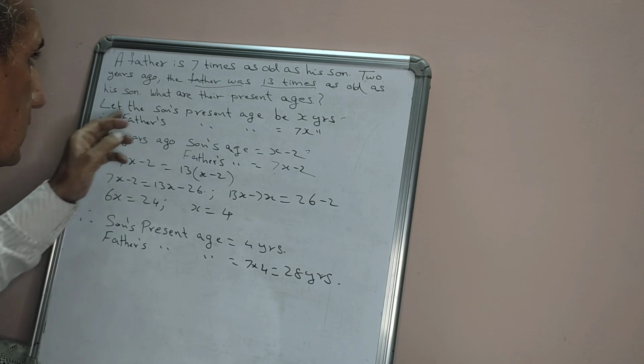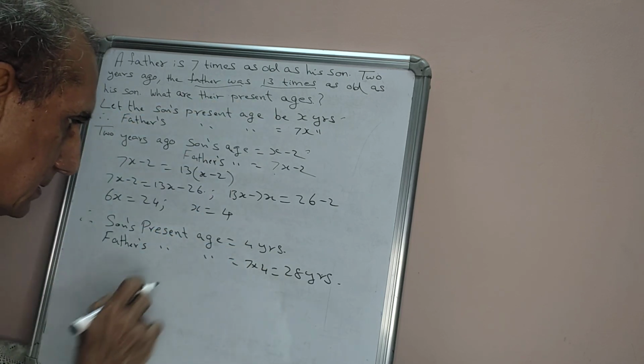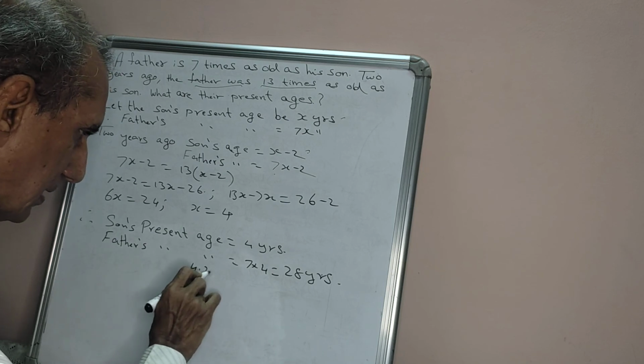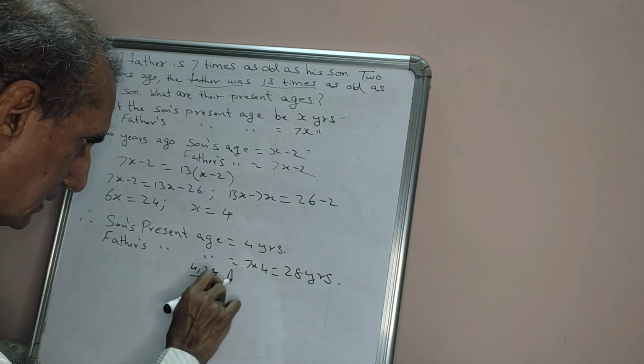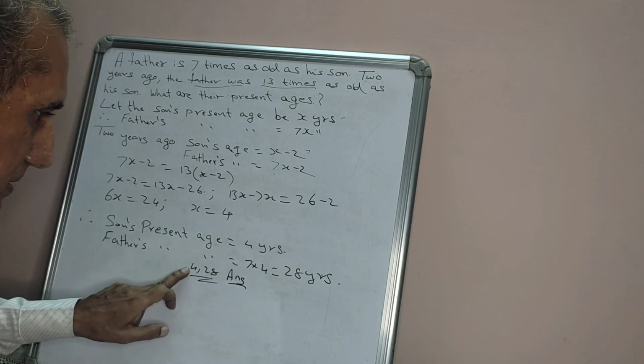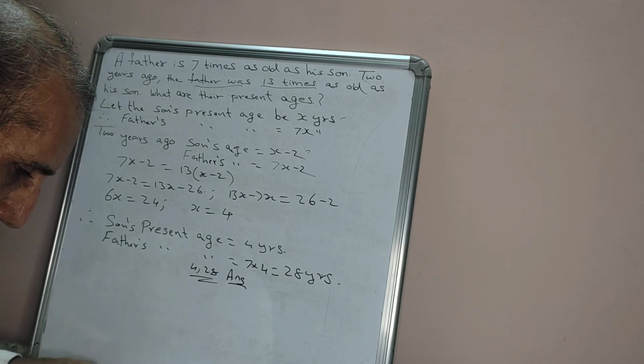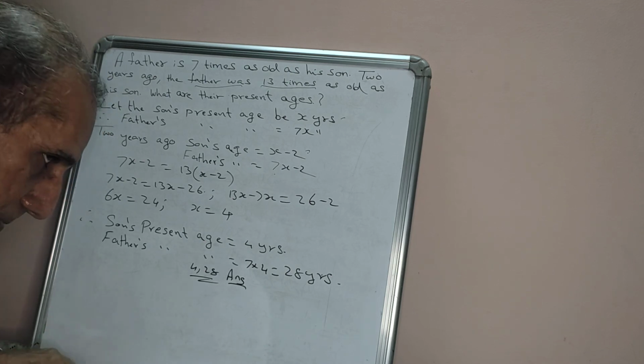Okay, so he's asking you what are the present ages. So 4 and 28. So your answer would be 4 and 28. The son's present age is 4 years. The father's present age is 28 years. And that's your answer.